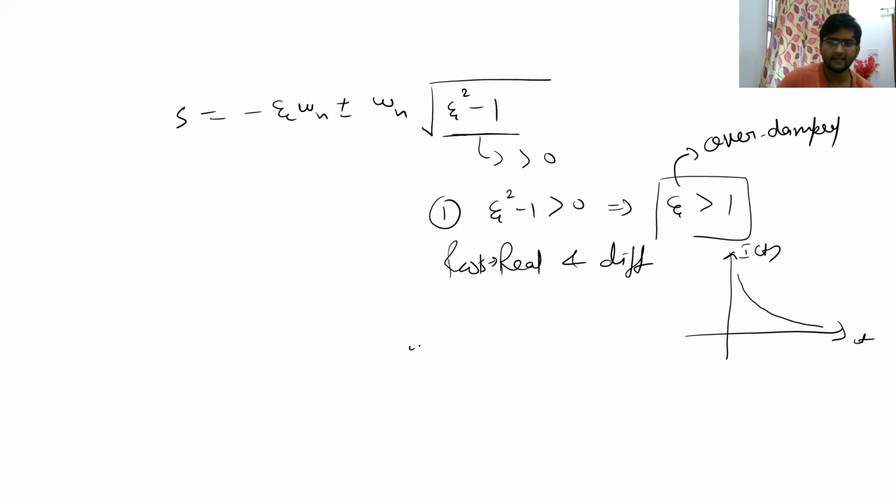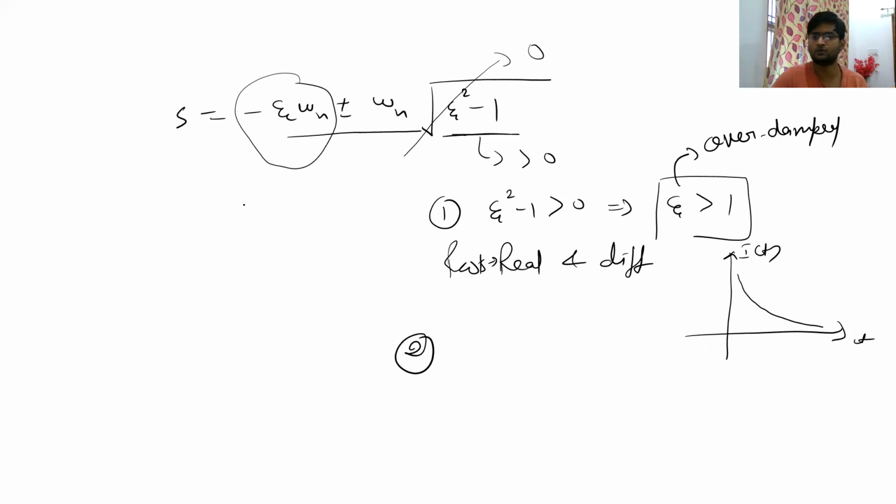And even in the second case, when we want our roots to be real and exactly the same, this term has to become zero, because if this term is zero, all you will get is this term, and both the values of your roots will be minus zeta omega n. So in case 2, zeta square minus 1 is equal to 0, which means zeta is exactly equal to 1.